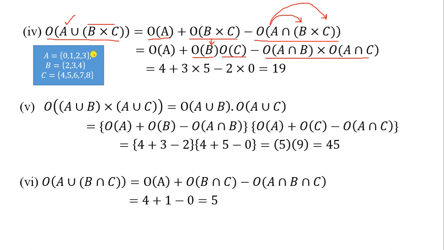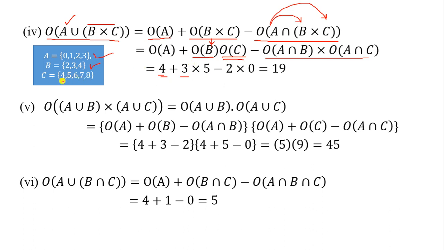Now look at this. Here is set A, which has 4 elements. So we have 4 elements in A, and the number of elements in B, there are 3 elements again. So 3. And how many elements are there in C?